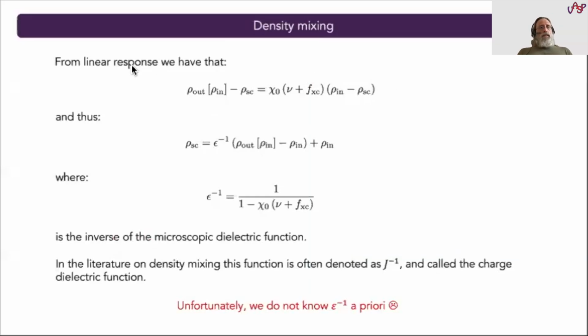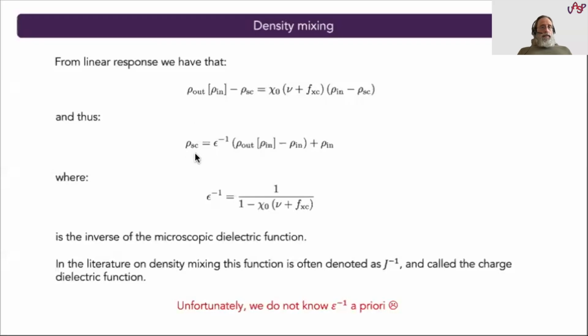So from linear response theory, we know that a change in rho in with respect to the self-consistent charge density that we're seeking leads to a change of rho out with respect to this self-consistent charge density that is given by this proportionality, where chi0 is the polarizability in the independent particle picture, and nu is the kernel of the Hartree interaction, and FXC is the derivative of the exchange correlation potential with respect to the density, with respect to changes in the density.